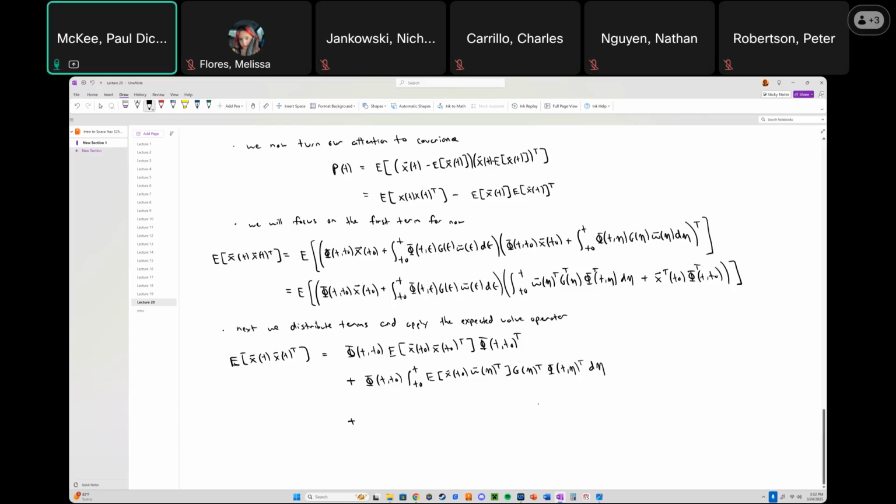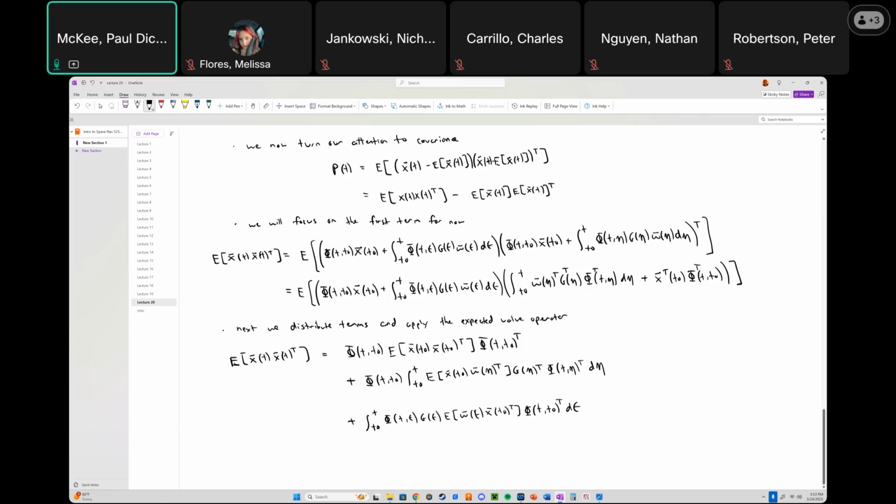So this is going to be integral term first, t0 to t, phi from epsilon to t, g of epsilon, and then we've got the expected value operator, which acts on omega of epsilon, and then x of t naught transpose. Oh wait, before I do that, not d epsilon, apologies. Then we've got phi of t to t naught transpose d epsilon.